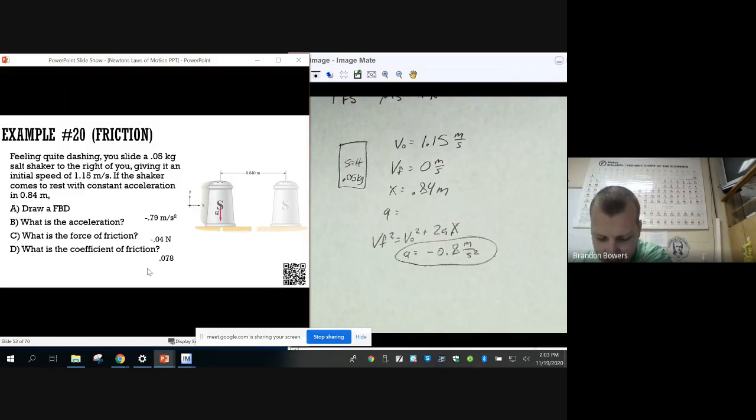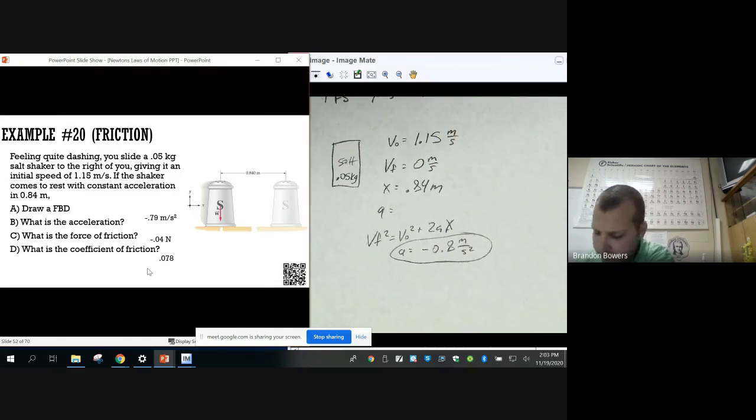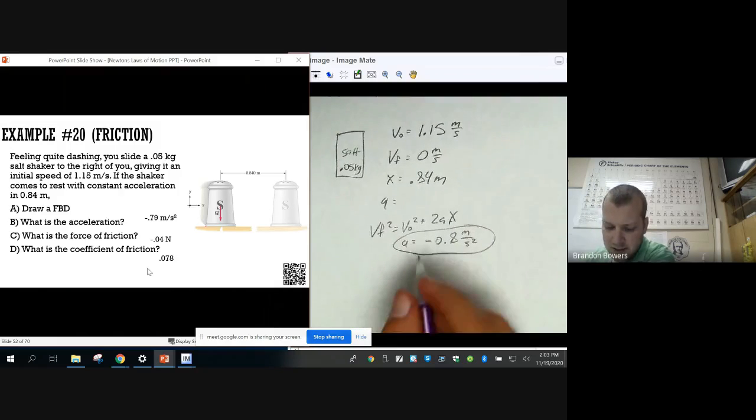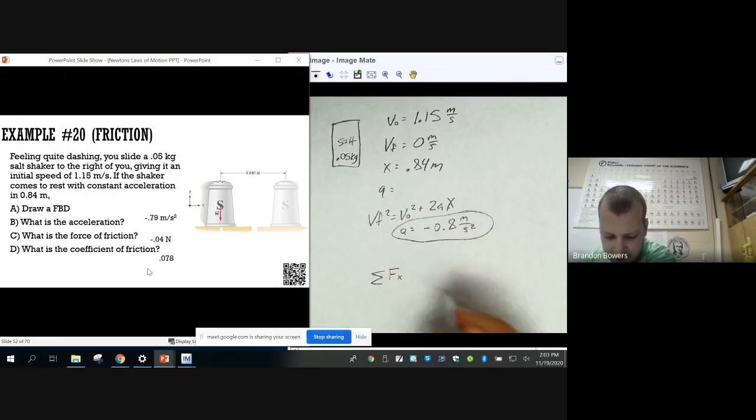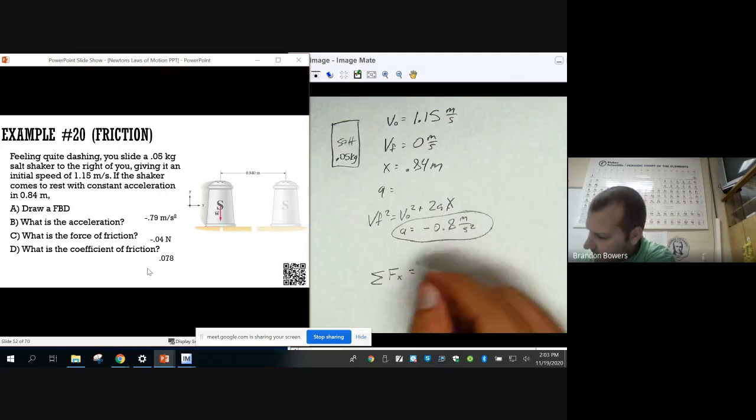So in this question, what is the force of friction? The force of friction is going to be the sum of all my forces in the x, which is equal to mass times acceleration.